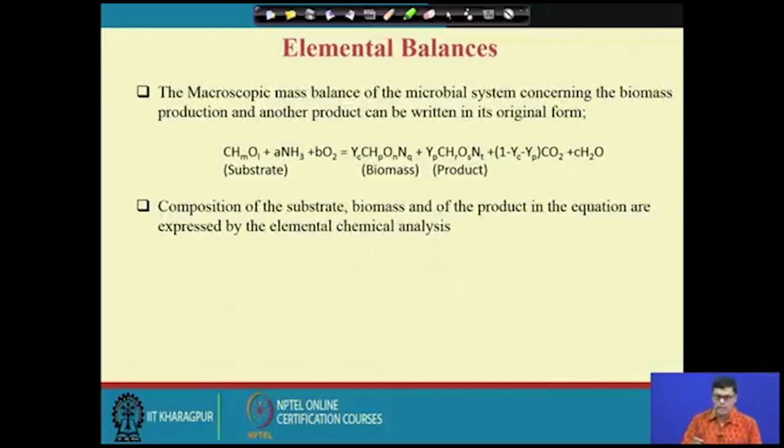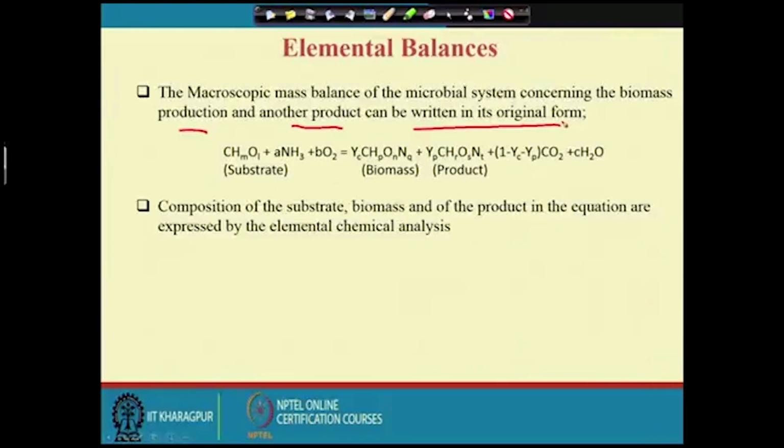Now, let me show you the macroscopic biomass balance of the microbial system concerning biomass production and another product, which can be written in the original form. When you write any kind of stoichiometry of a bioprocess, it is essential to have some preliminary information on the system. For example, suppose we want to produce Baker's yeast.